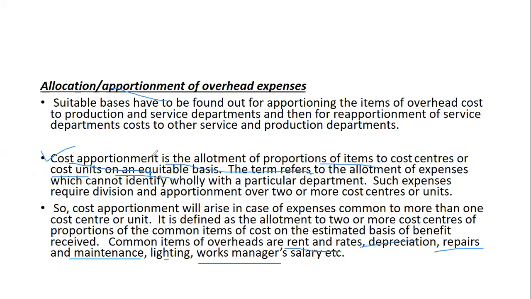In other words, you give 100% of the overheads to that department. If it belongs to Department A, we give it to Department A, 100%. If it belongs to Department B, we give it to Department B, 100%. While by apportionment, we mean sharing the overheads between different departments using a fair basis, what we call the basis of apportionment. And normally we do that between service and production departments.